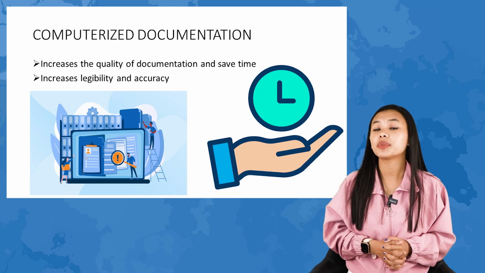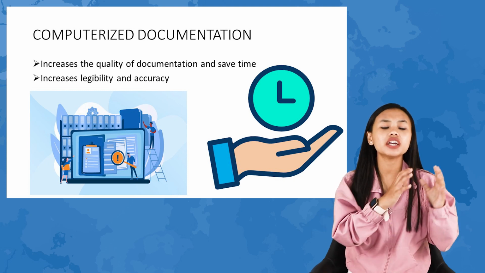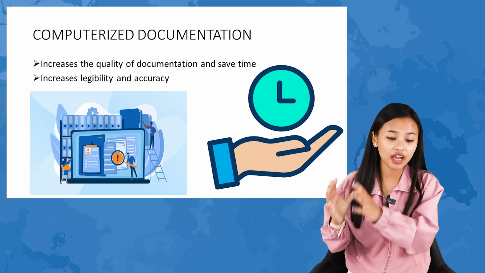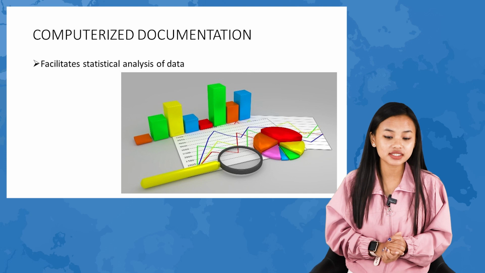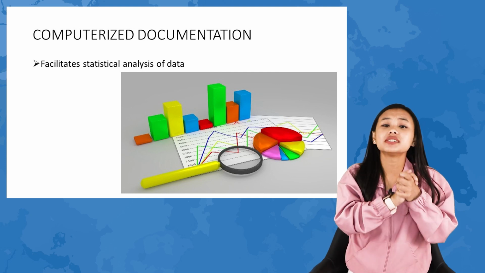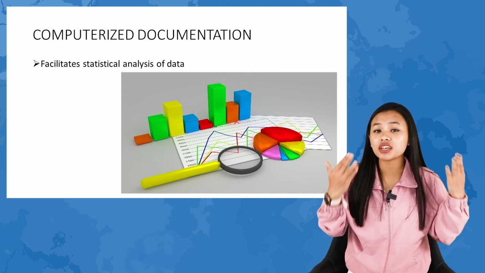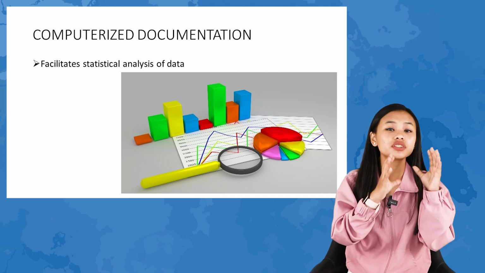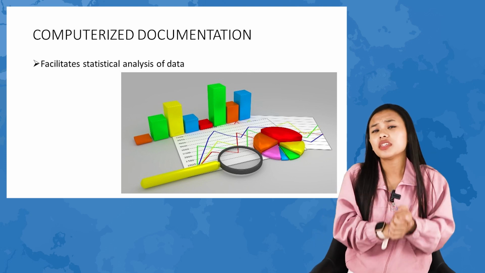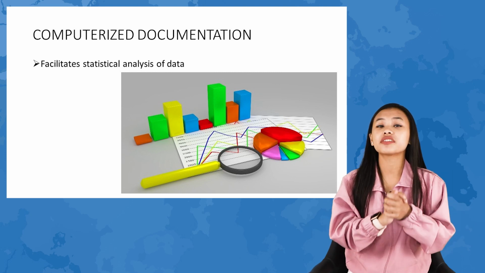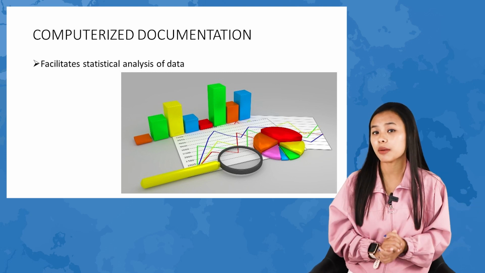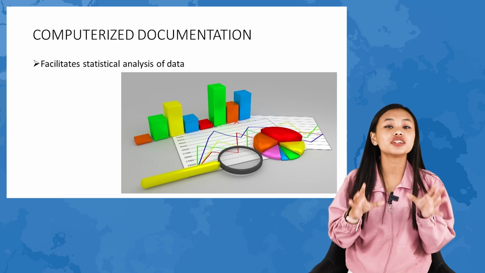Not only that, it also increases the legibility as well as the accuracy, and it facilitates the statistical analysis of the data. Since there are so many advantages which we get through computerized documentation, it is universally used, and it is the most preferable type of documentation in today's world.